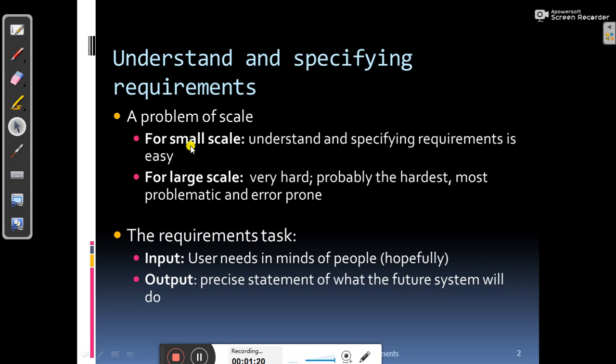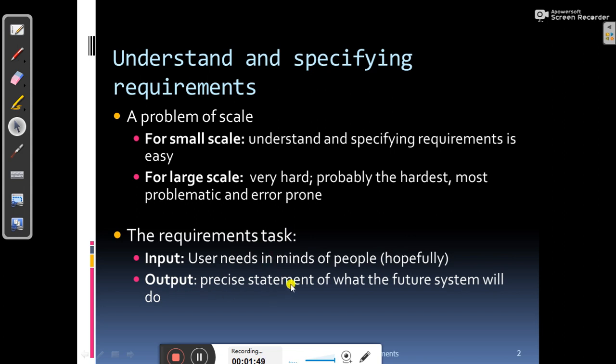That is why it is very important to maintain things from the earliest stage. In the requirements, we follow two points, that is input and output. Input means what the user needs, what people will require, through the software, the project, the system we are going to develop.